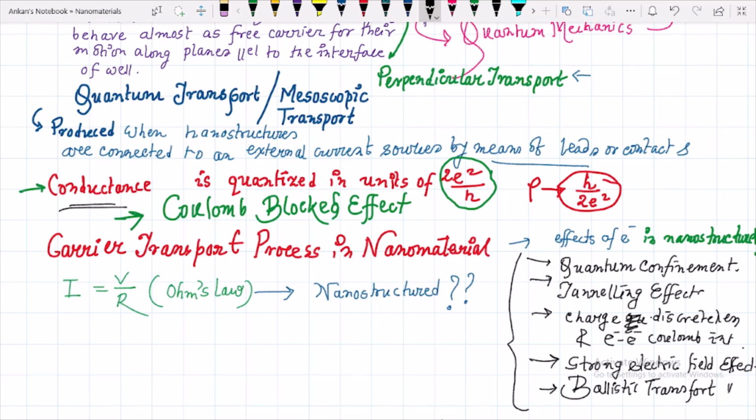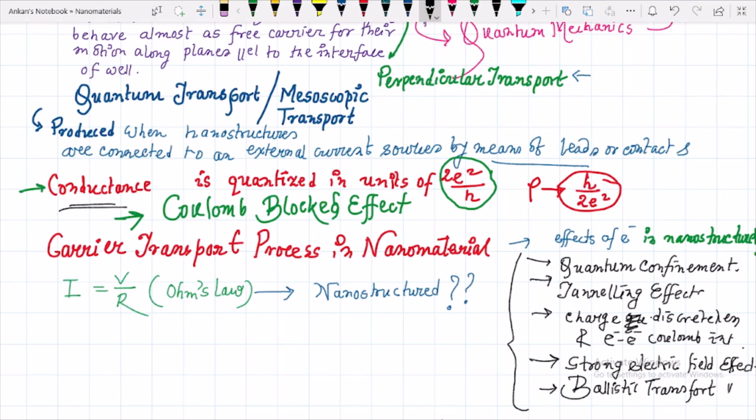So, to know which effect will be dominant in which cases, you have to consider some length scales. You have already studied the Planck length at the beginning of the nanomaterials course, which is equal to the root of h bar G by c cubed, where G is the gravitational constant with a value of the order of 6.67 times 10 to the power minus 11.